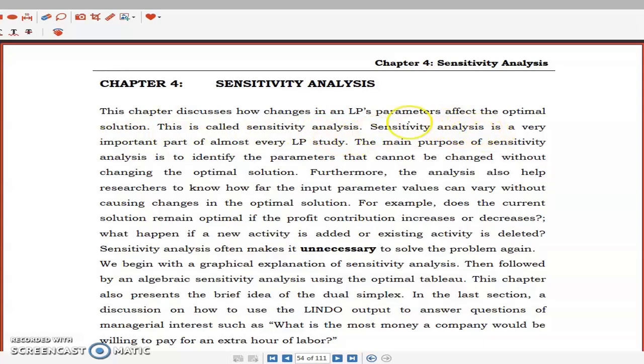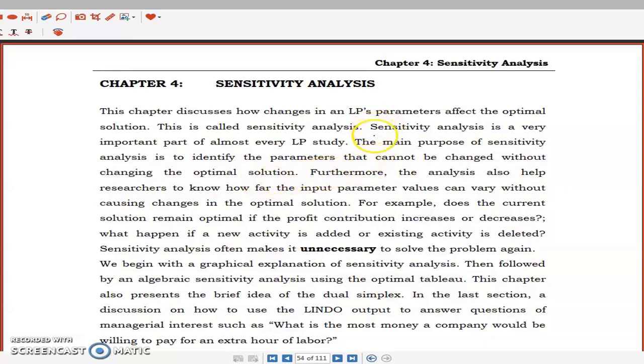Sensitivity analysis is a very important part of almost every LP study because this analysis is concerned with how changes in an LP's parameters affect the LP's optimal solution. The main purpose of sensitivity analysis is to identify the parameters that cannot be changed without changing the optimal solution.